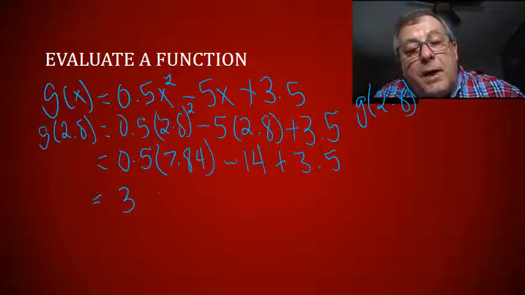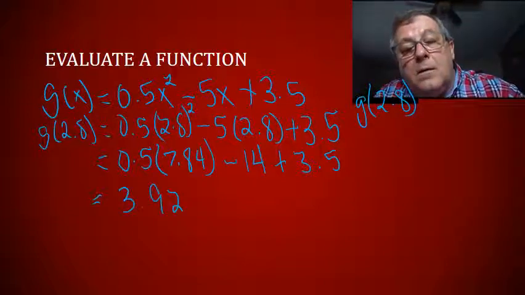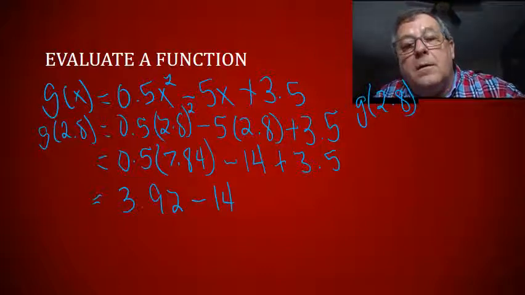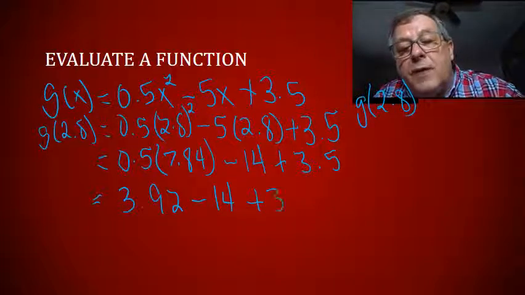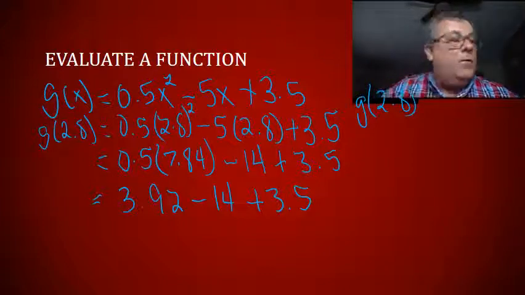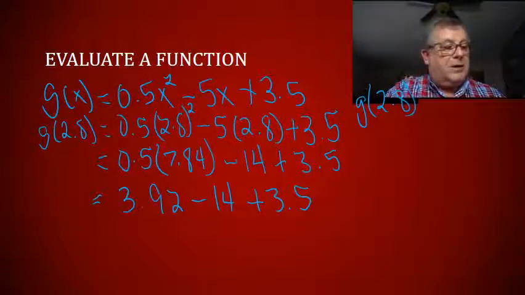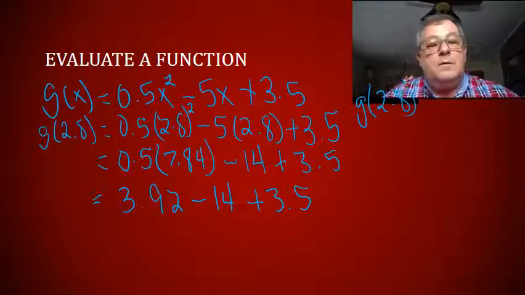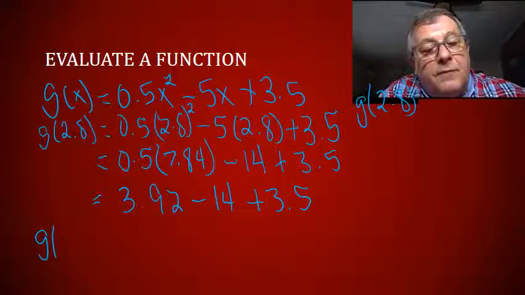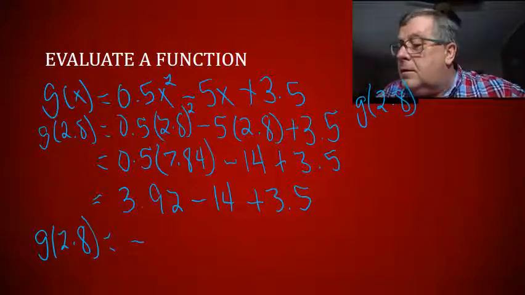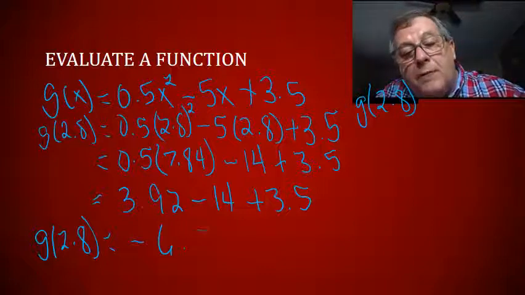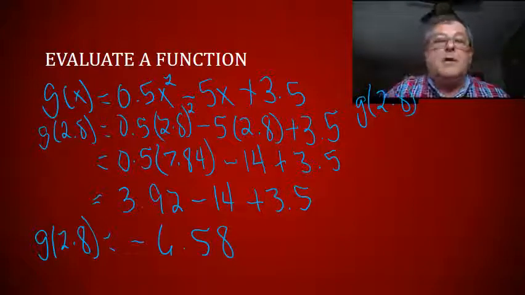So now we've got 3.92 minus 14 plus 3.5. And so now all we're going to do is just combine like terms. So we've got 3.92 less 14 plus 3.5, and g of 2.8 equals negative 6.58, and that's our answer.